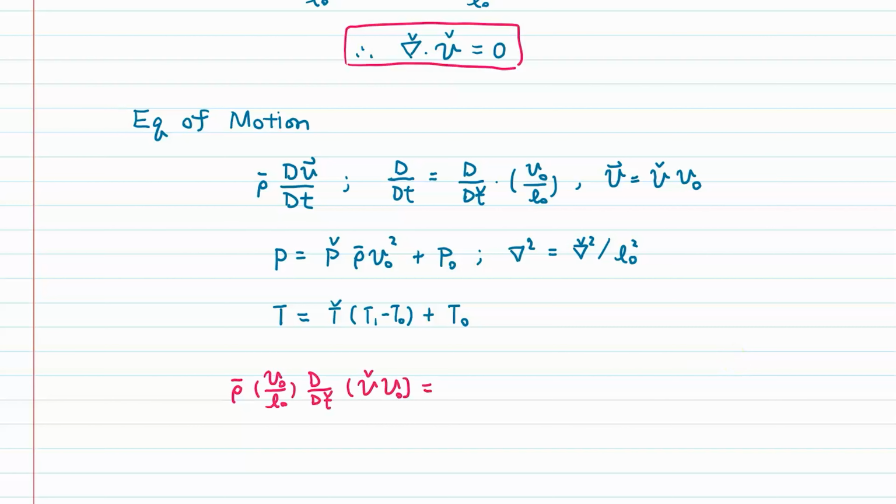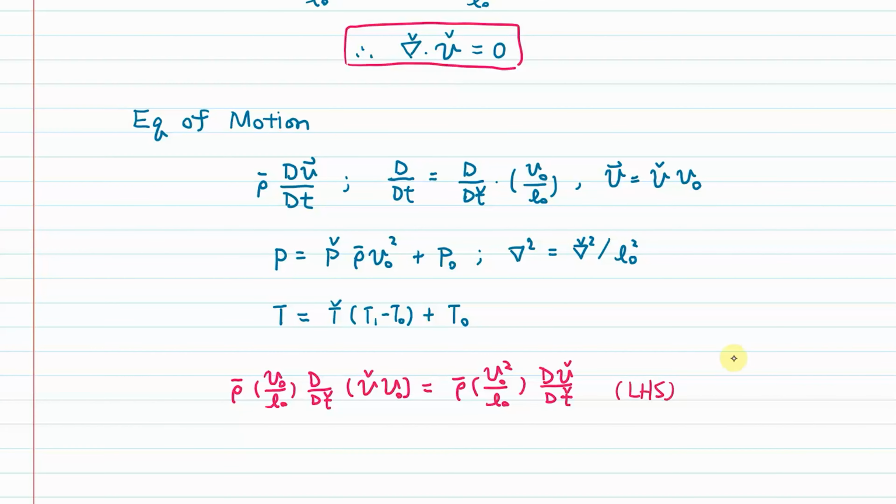So that equals rho bar V naught square over L naught times the substantial derivative of the dimensionless velocity. Okay, so this would be our left-hand side.